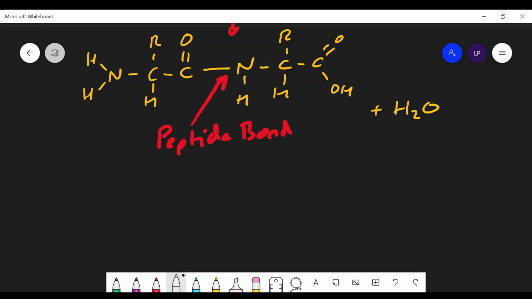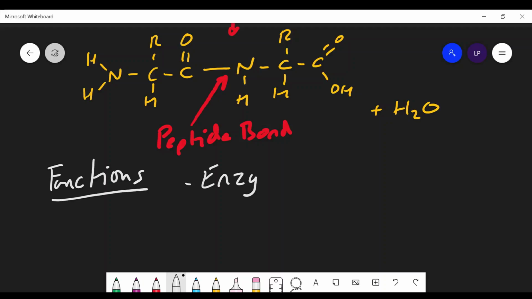So we said that proteins have lots of functions within cells. So let's have a look at the functions. One of the most important functions is enzymes. Enzymes are biological catalysts. This means they can speed up reactions within cells.